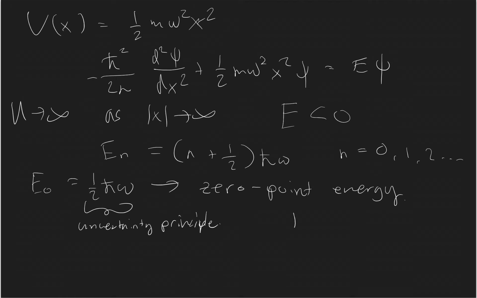And so if the particle were at rest, so if E is equal to 0, or the particle is at rest, what does that mean? If it's at the bottom of the well, okay, where x equals 0, assume that, both its position and momentum would be precisely known, which is forbidden. So we would know delta x and delta p.